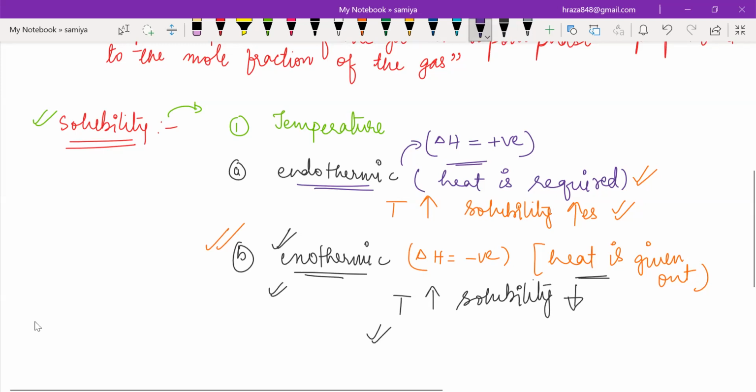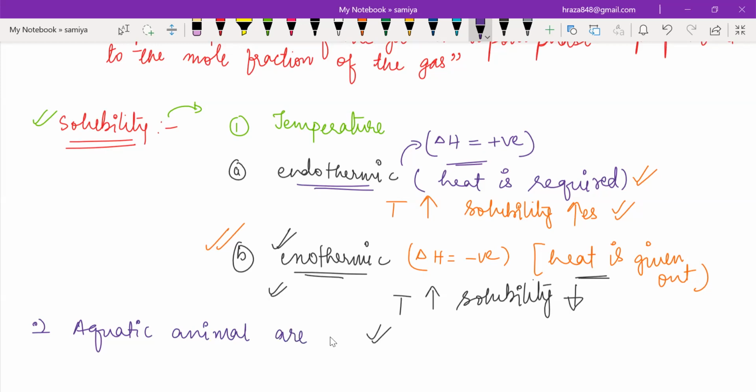One more important point is the application of Henry's law for aquatic animals.